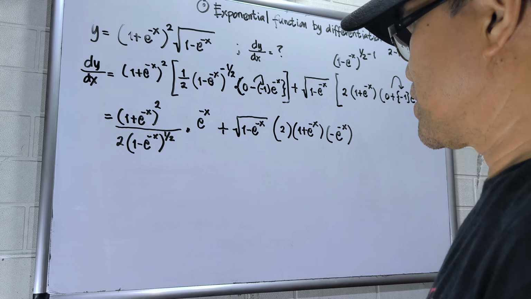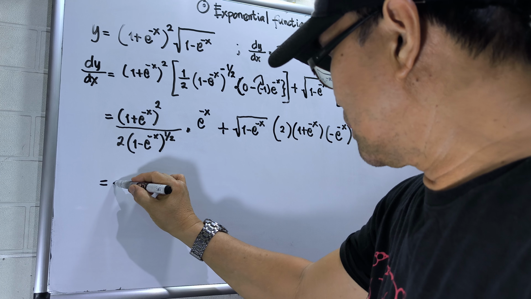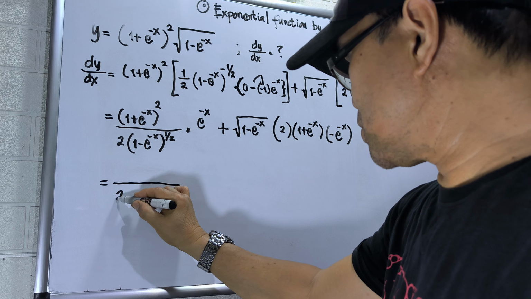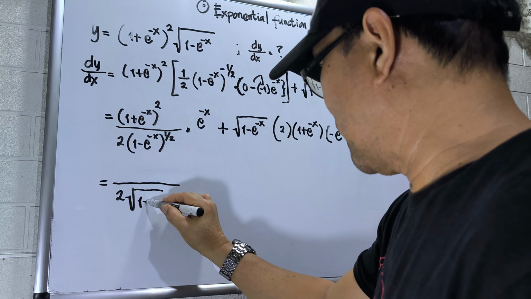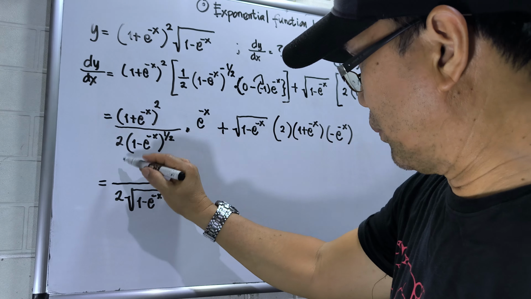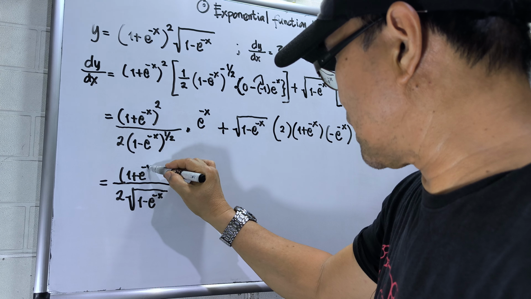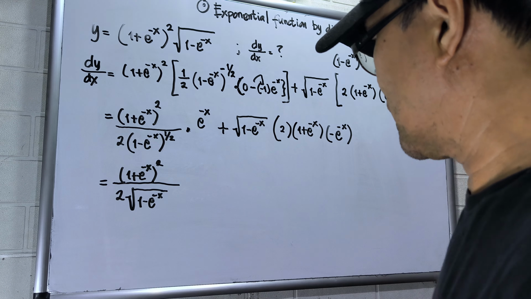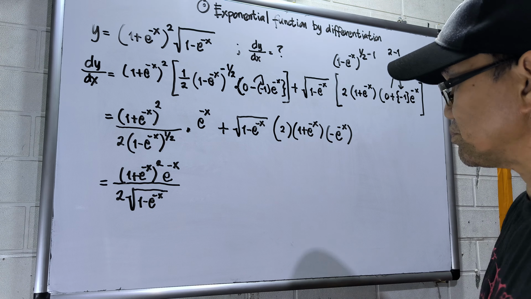Okay? So, I will write this one in radical form. So this will be 2 times the square root of 1 minus e raised to the negative x. Then I will copy the numerator, (1 plus e raised to the negative x) squared, then times e to the negative x.